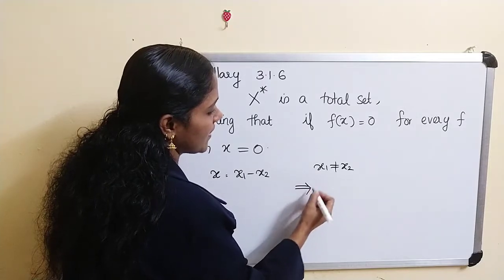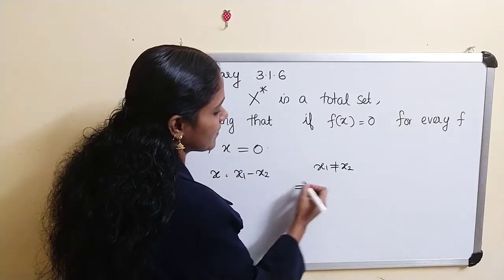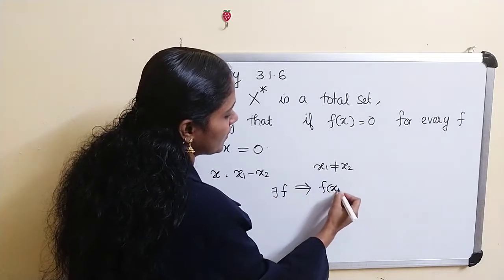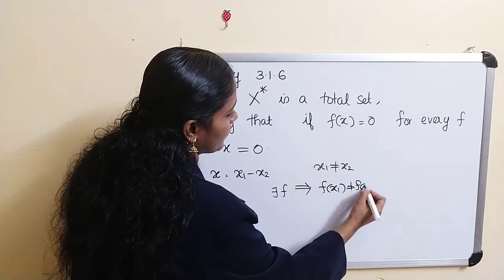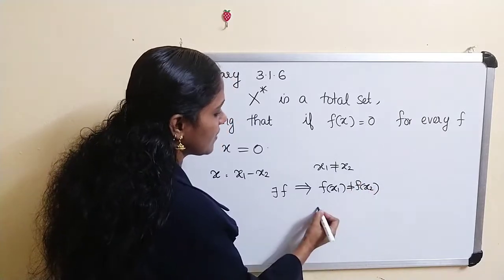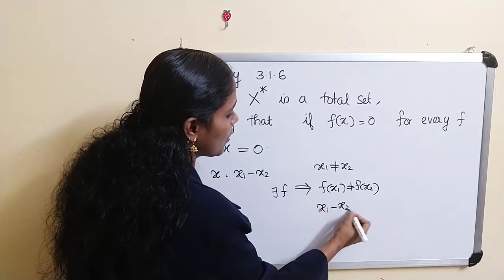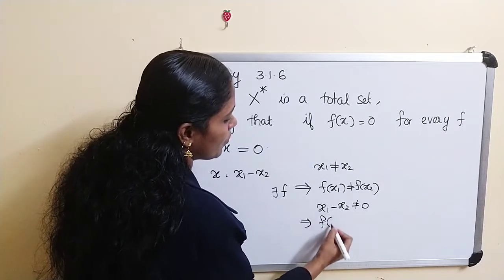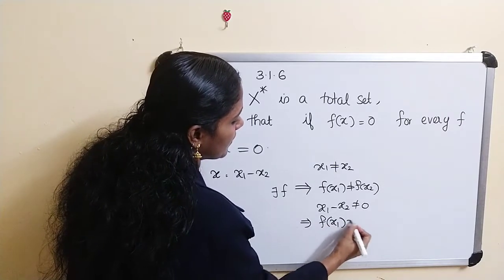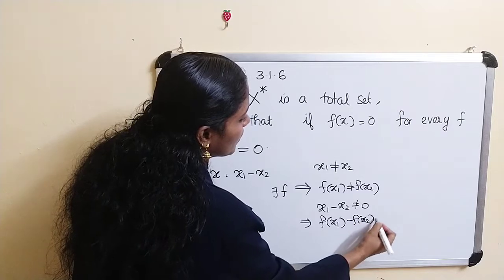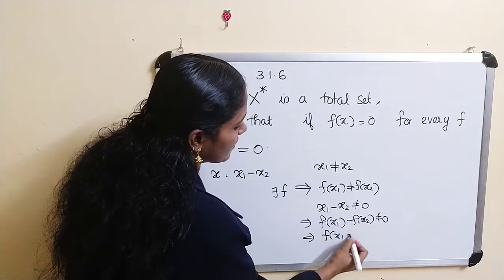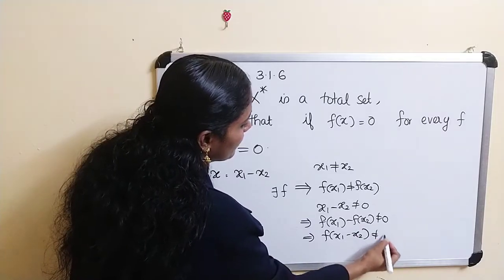The corollary says that x1 not equal to x2 implies there exists an f such that f of x1 not equal to f of x2. That means x1 minus x2 not equal to 0 implies there exists an f such that f of x1 minus f of x2 not equal to 0. That implies f of x1 minus x2 not equal to 0.